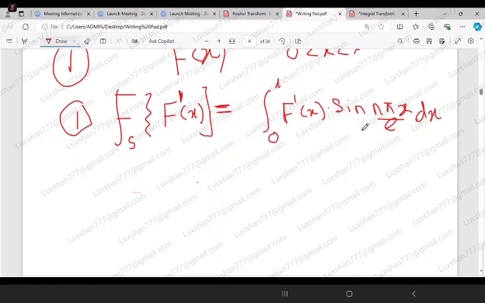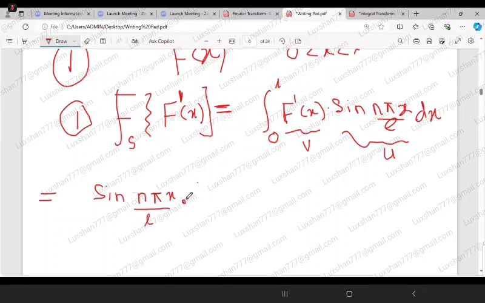We'll take this as our first function and this as our second function. So that is equal to first function as it is, and integration of the second function. So I'm taking this as my u and this as my v. First function without any problem, u, that is sin n pi x over L, and integration of f dash x.